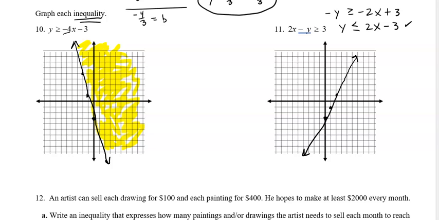And remember, we're looking at this one, so less than is below the line. So there's the area indicating where the solutions come from.